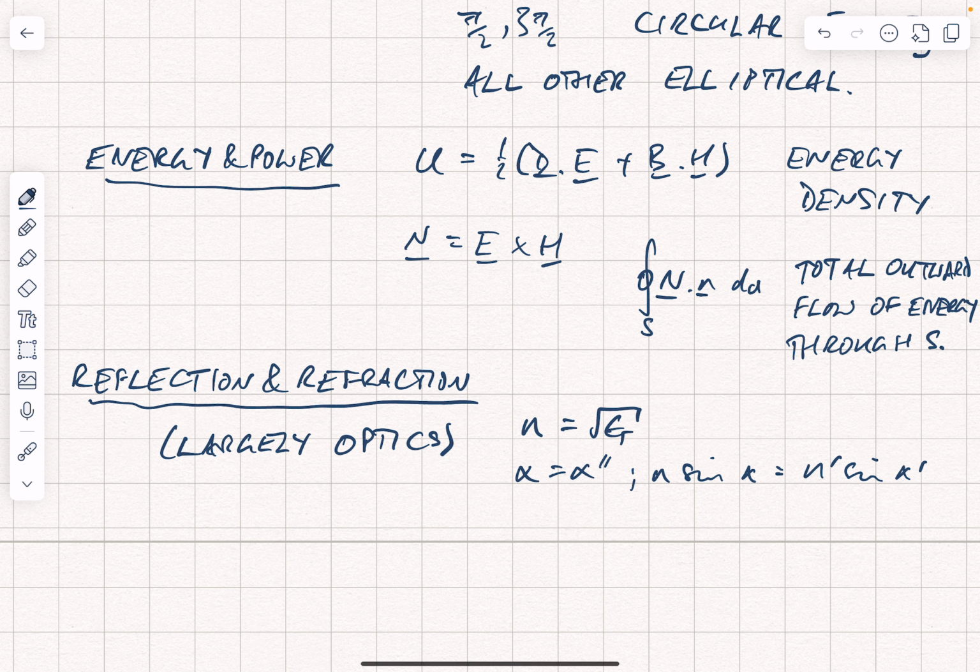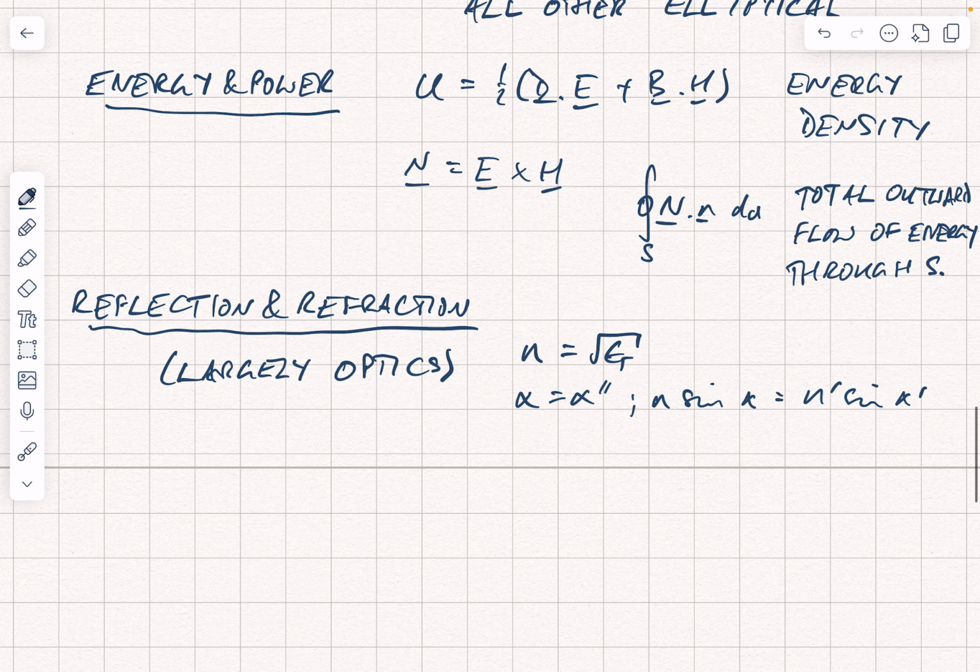And notice here that we've got two materials, one with refractive index n, one with refractive index n prime. We have an incoming wave in material n. We have a reflected wave at angle alpha double prime, also in material 1 with the refractive index of n. And then we have the transmitted wave or the refracted wave. And we looked at the Fresnel relations, which related the reflection coefficients, in other words, the magnitude of the reflected wave divided by the magnitude of the incoming wave.